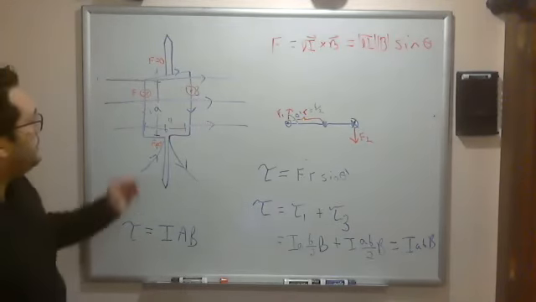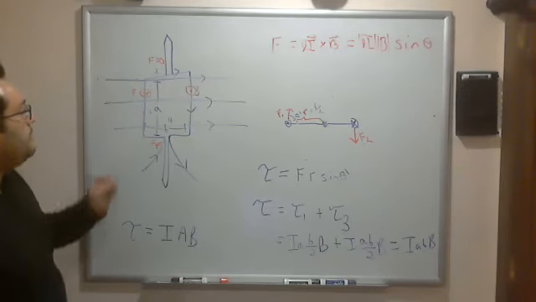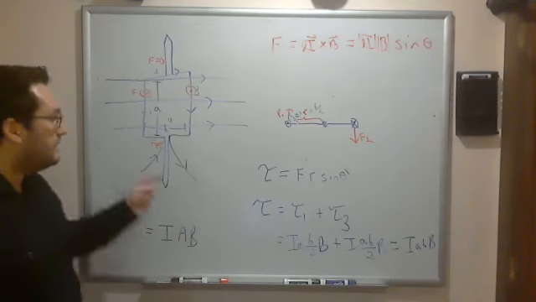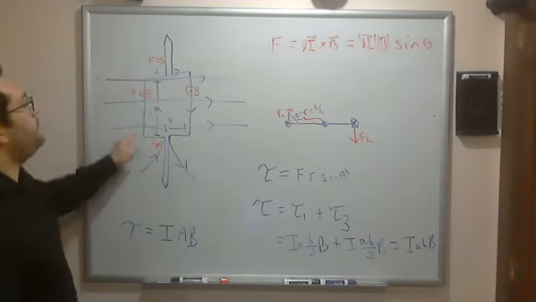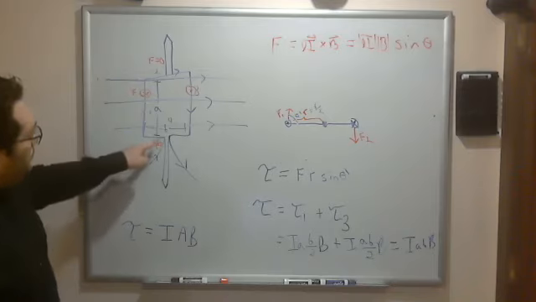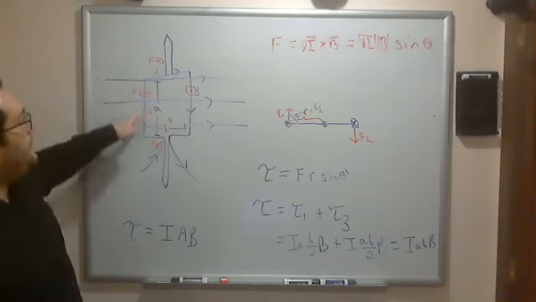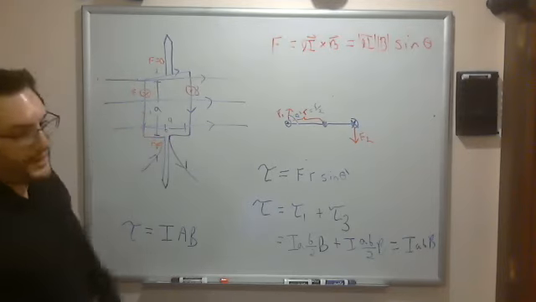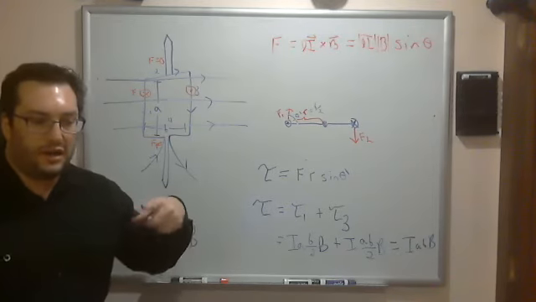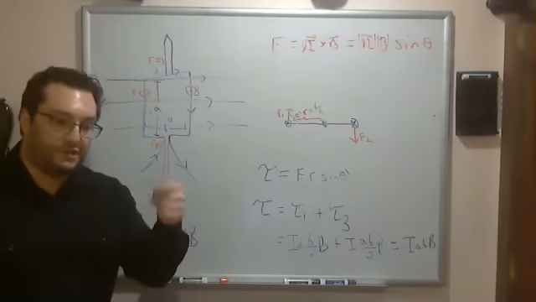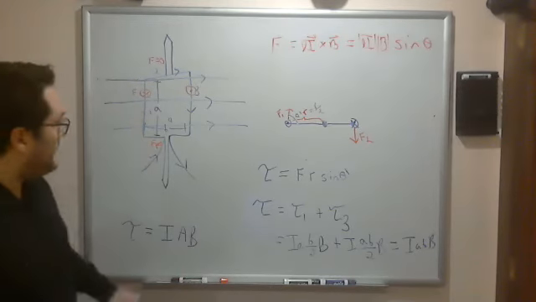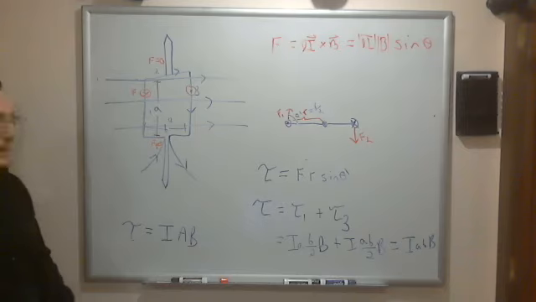Now, what we could do to increase this force is to add more loops, right? If we add another loop, we double the torque, and so on and so forth. So what we could do is just keep wrapping around more loops. This is why if you've ever seen a motor, like on a drill, you see copper coils wrapped around each other. This is to accentuate the force.